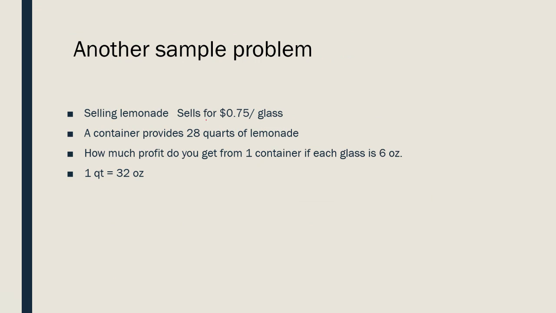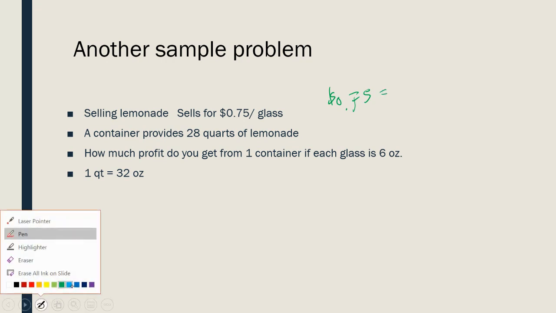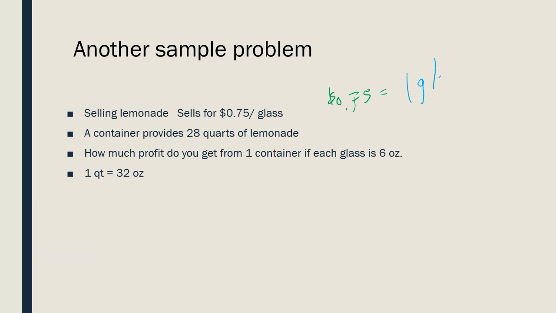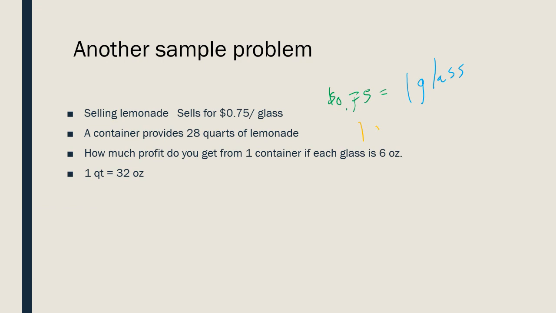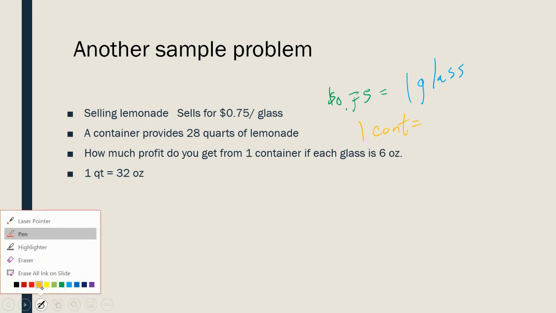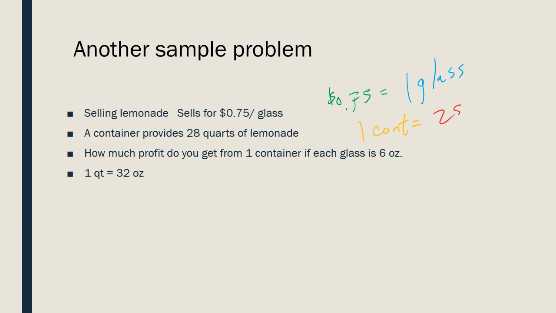So you're selling lemonade. It's 75 cents a glass. So that is 0.75 equals 1 glass. And then a container provides 28 quarts. So 1 container equals 28 quarts. And then how much profit do you get from 1 container?